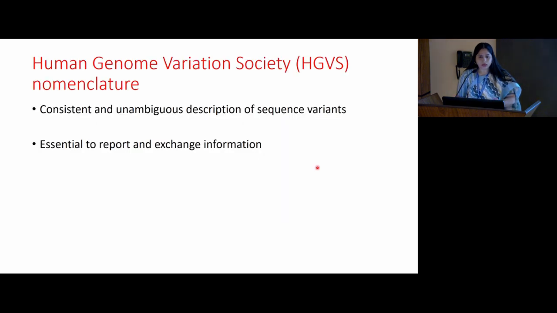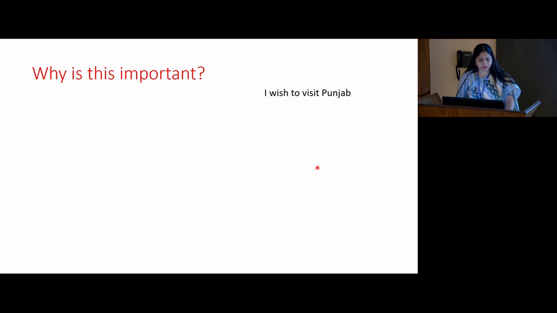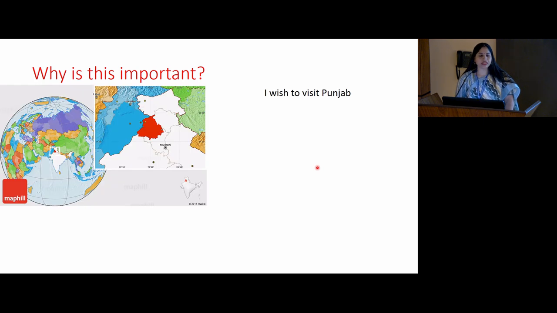The Human Genome Variation Society nomenclature aims for consistent, unambiguous description of sequence variants, and it is essential for reporting and exchanging information. Why is it important? Suppose I say that I want to visit Punjab. I'm not giving you any specification. Do I want to visit Chandigarh?